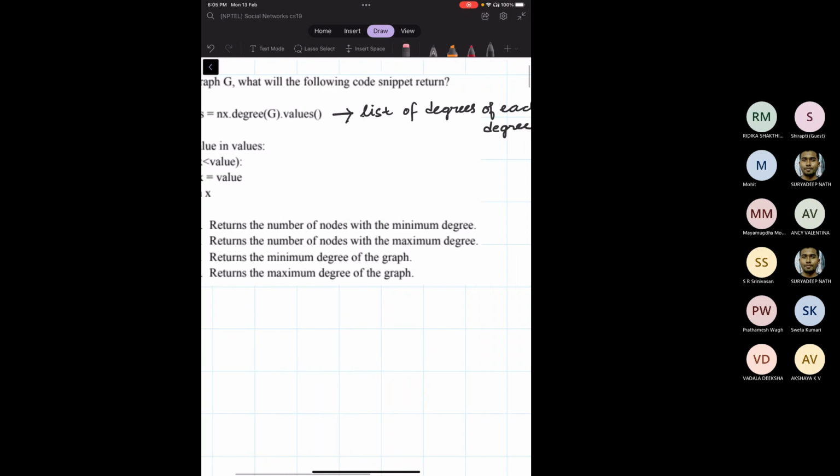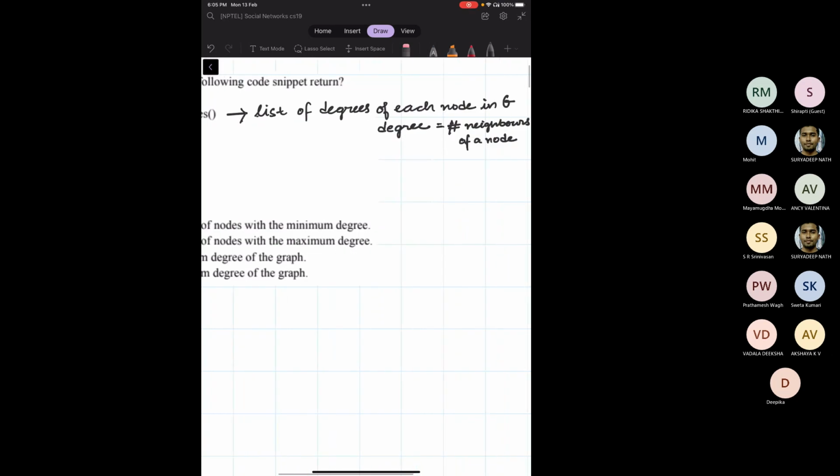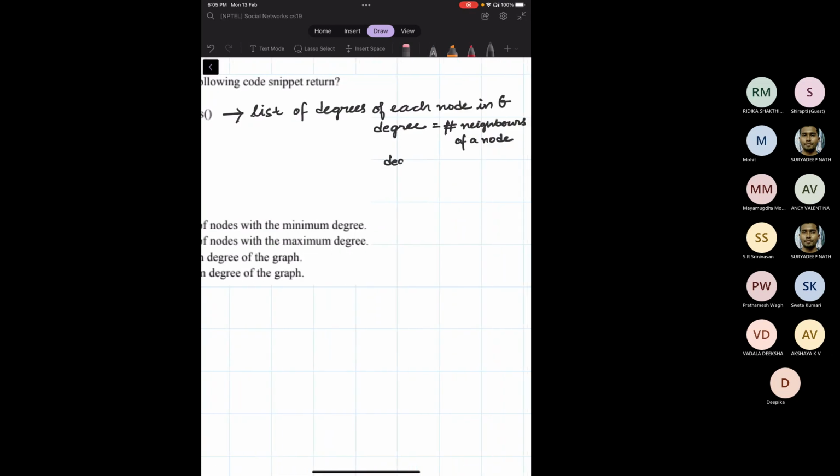What this does is it returns a list of degrees of each node in G. Degree is basically the number of neighbors of a node. So degree can only be non-negative, degree is greater than or equal to 0.